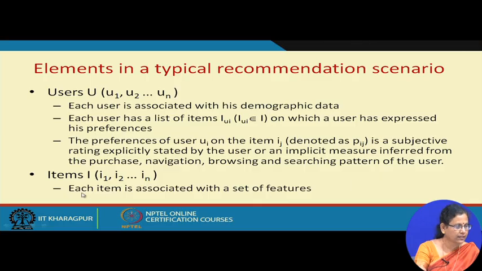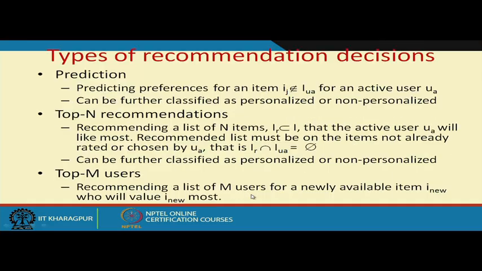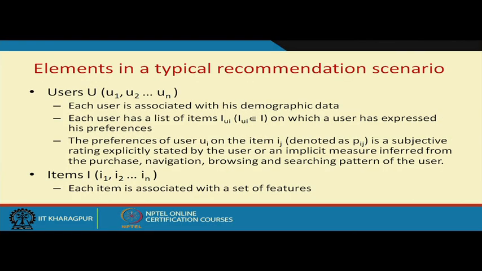The next category of data is the set of items and the features associated with them. So, you have a set of items, let us say some n number of items, and each item is associated with a set of features. And of course, the third one is your user preferences.